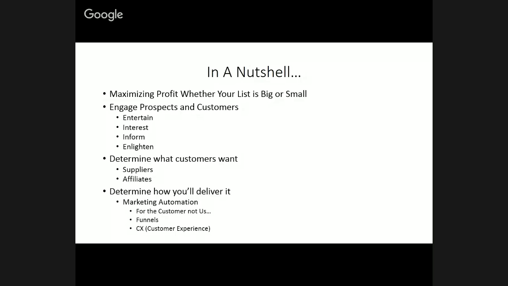Now internet marketing has matured, and so now we expect to be treated like a customer. I'm indifferent as to whether I buy it online versus in person, if you make me feel like a customer and make my experience a good one.